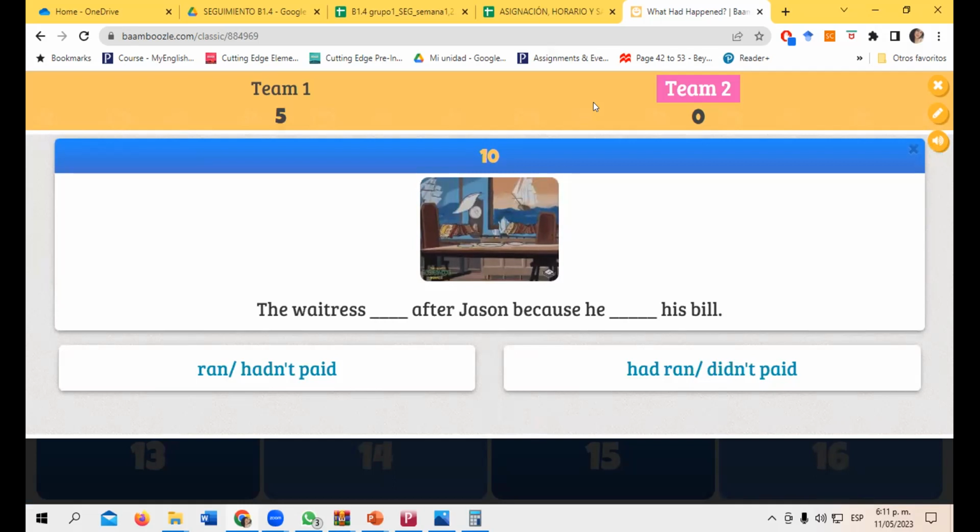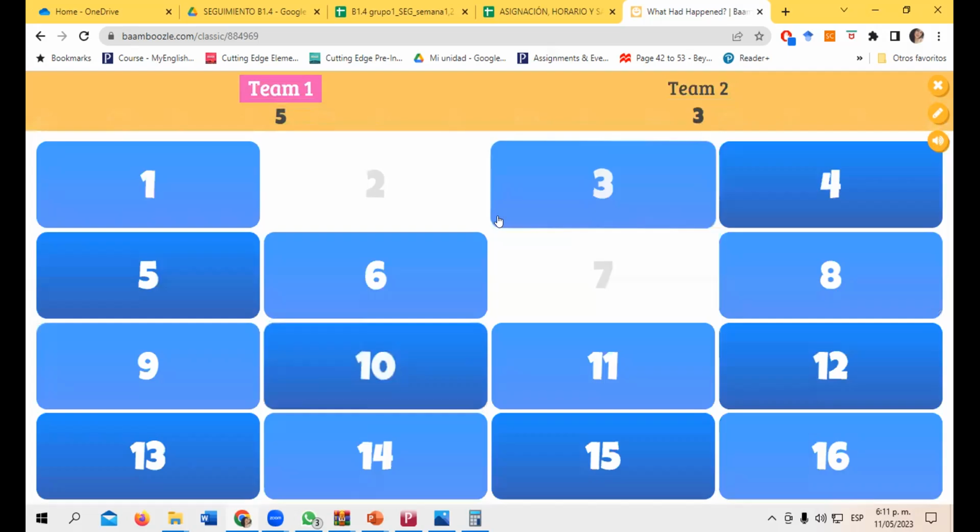Option A. Yes, correct. The waitress ran after Jason because he hadn't paid his bill. La mesera corrió tras Jason porque él no había pagado su cuenta. Very good. All right, let's go to group number 1 again.